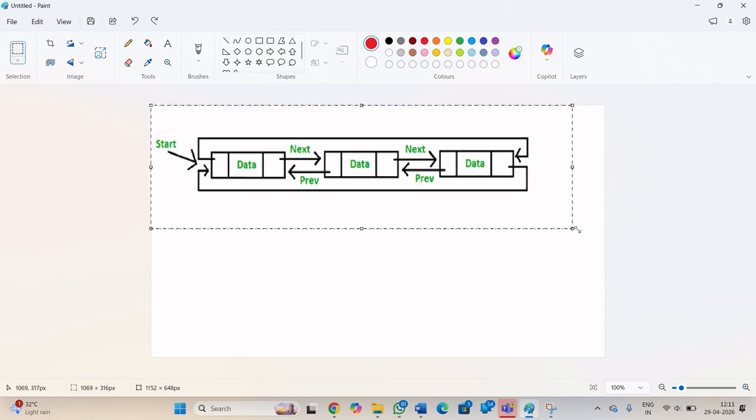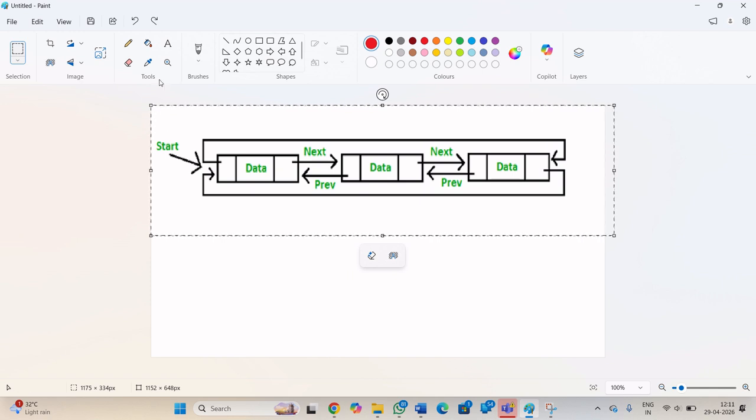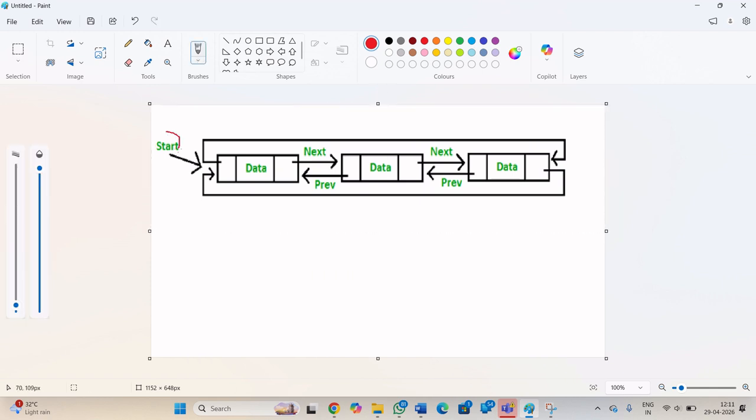What does the image say? Let's analyze. We have the starting node here, a start pointer or head pointer. It points to the first node. In the first node, next we have the second node, and so on, and the next of the last node points to the first node, as in the circular linked list.